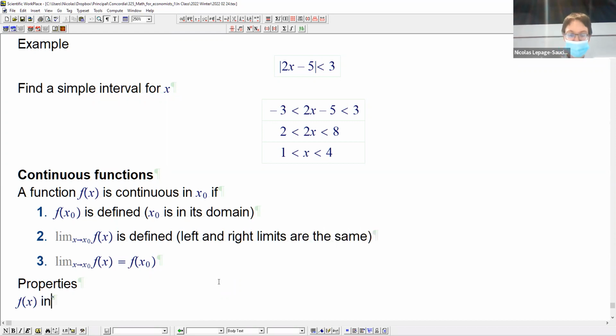Okay, so properties. f of x is continuous. That's really just stating stuff. Sorry, it's a bit boring, but it's perfect. f is continuous on an interval if it's continuous at every point on this interval.